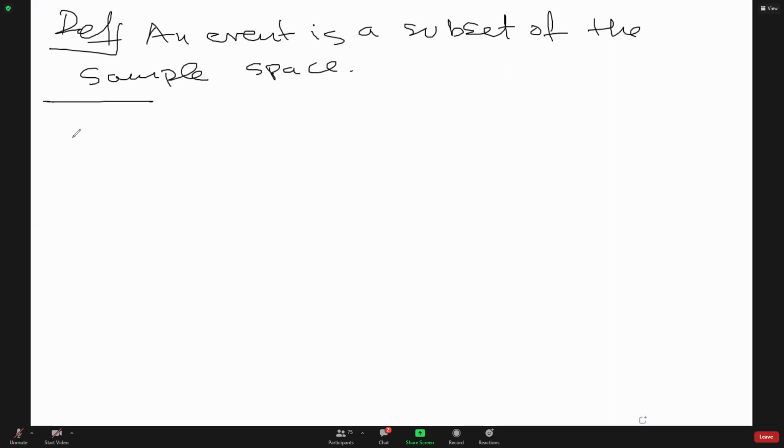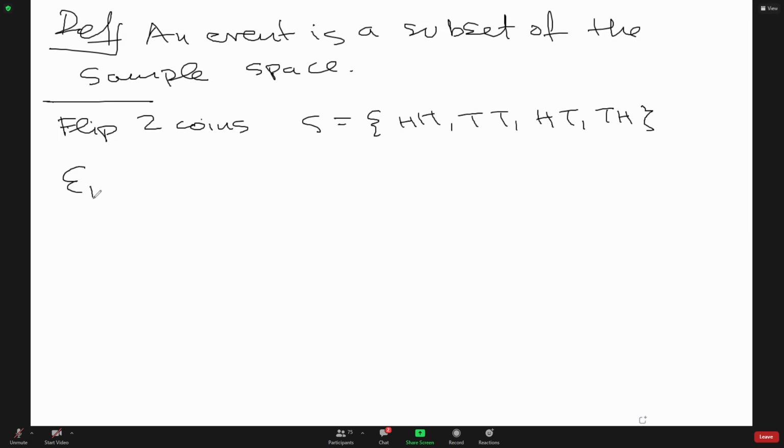For example, let's say our experiment is to flip two coins. We said that in that case, the sample space is heads heads, heads tails, tails heads, tails tails. So here's an event: that we have at least one tail. That's a subset of the sample space, so it is an event.